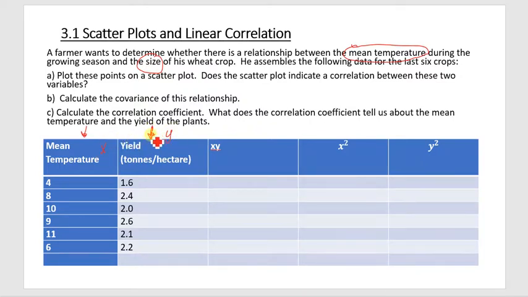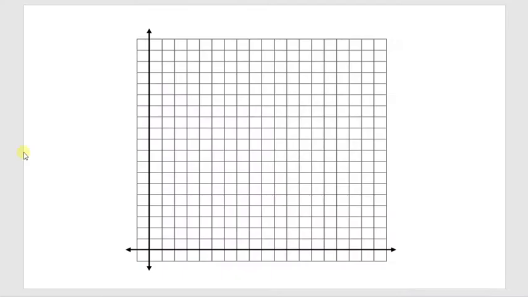First we're going to plot these points on a scatter plot, take a look, and take a quick guess about whether or not there's a linear correlation. So let's come over here. I'm going to pull up these numbers for myself.